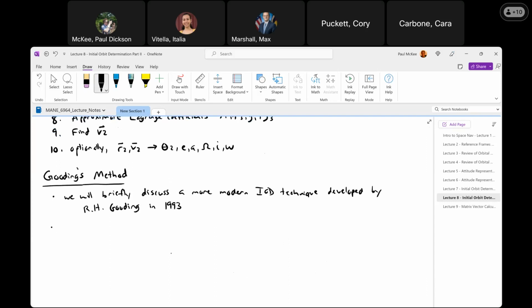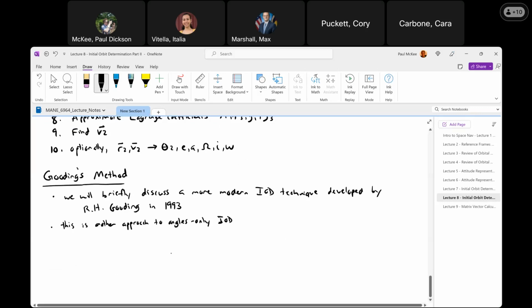This is another approach to angles only IOD. So it's solving the exact same problem as Gauss's method, right?